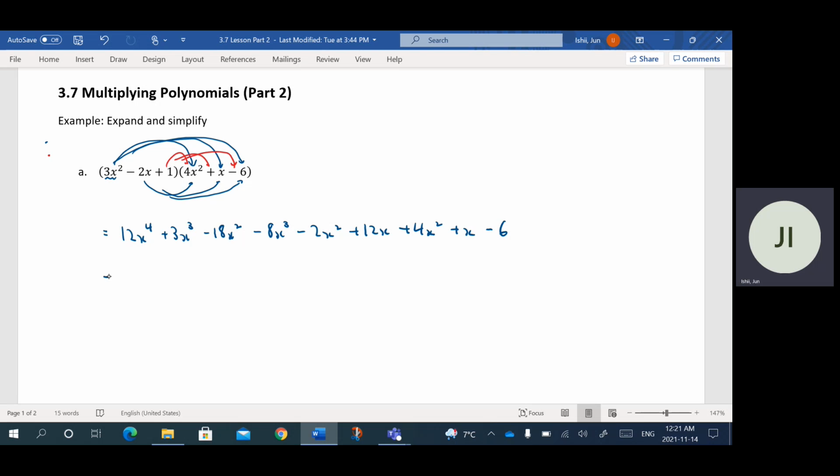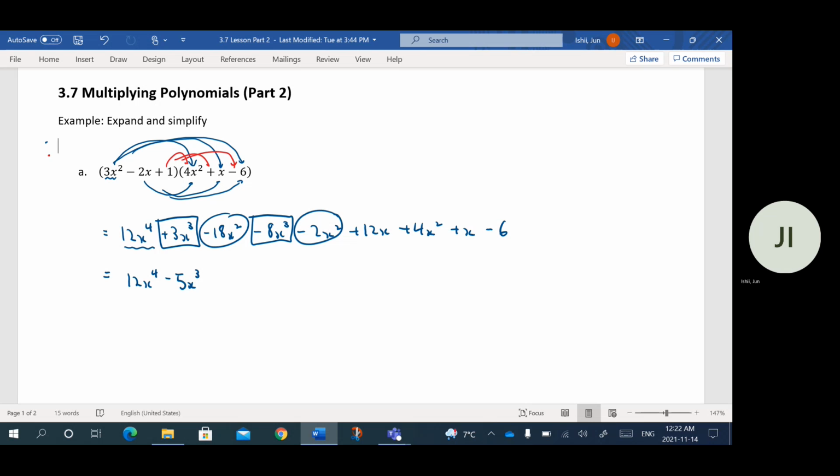Now what we need to do is collect our like terms. This is the only term with an x to the 4th power, so I'm just going to write that down. For x cubed, I have 3x cubed and negative 8x cubed. Put those together, that's negative 5x cubed. Then I have negative 18x squared, negative 2x squared, plus 4x squared.